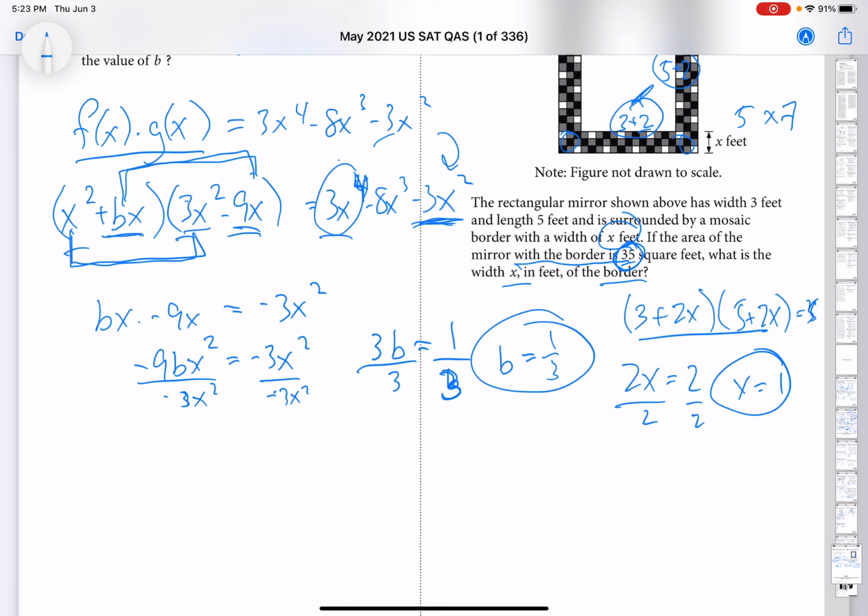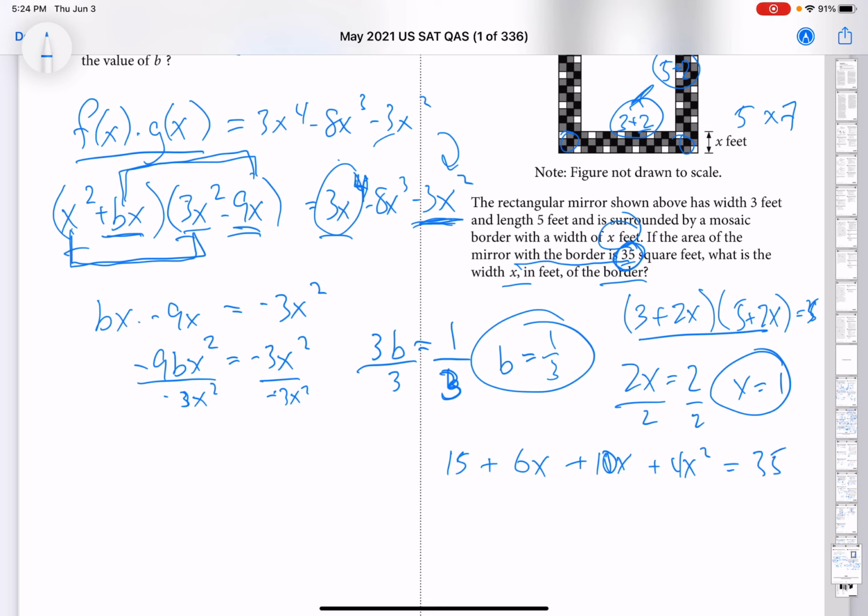Let's try it. If we did this over here, it'll be 15 plus 6x plus 10x plus 4x squared, and that equals 35.